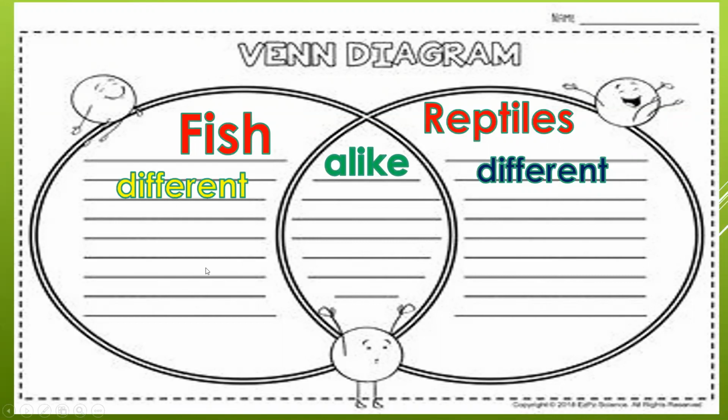Fish have gills to breathe and swim in the water, and have fins to swim in the water. Fish live in the water. Reptiles, some of them live in the water, the others live on land. So this is different. Fish have fins, reptiles have scales. So when you touch their skin, you will feel rough and bumpy.